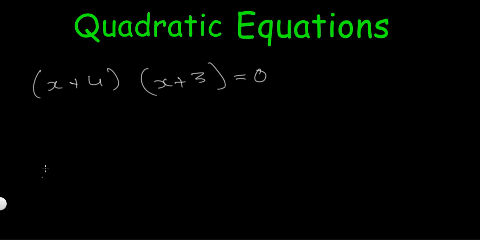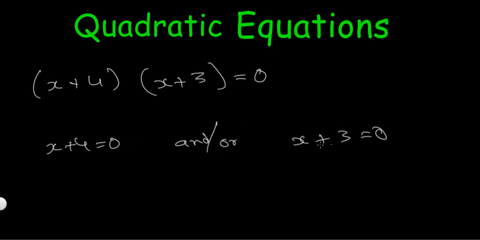You never know. So we can work this out as x + 4 = 0 and/or x + 3 = 0. It could be both of them being 0 or just one of them. Now we find x: x = 0 minus 4, so x = -4.